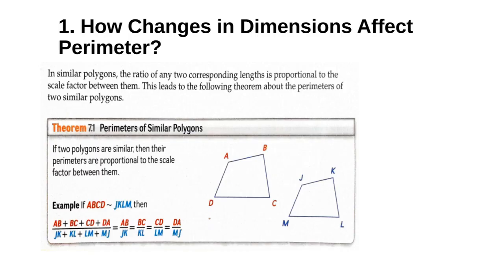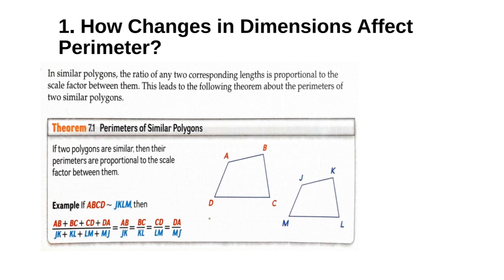Now let's see what's going to happen to the perimeter when the dimensions start changing. In similar polygons, the ratio of any two corresponding lengths is proportional to the scale factor between them. This leads to the following theorem about the perimeters of two similar polygons. The theorem says if two polygons are similar, then their perimeters are proportional to the scale factor between them.